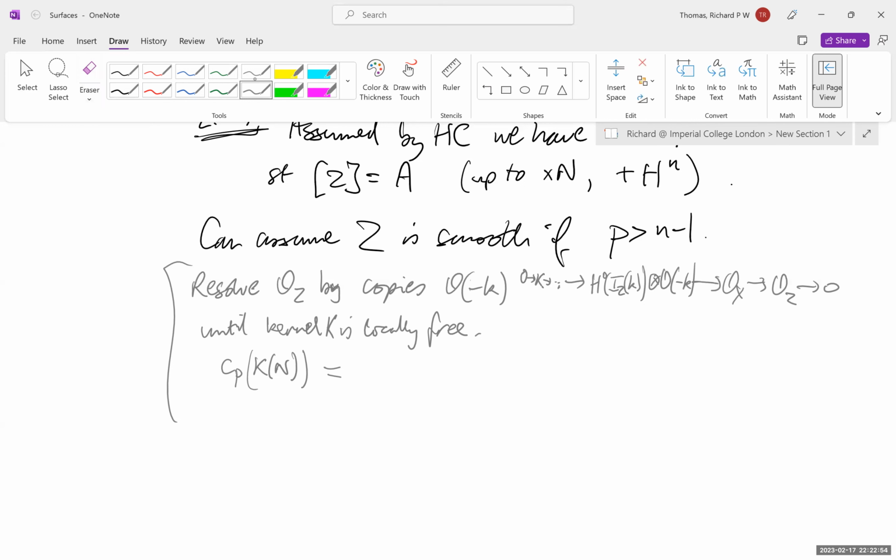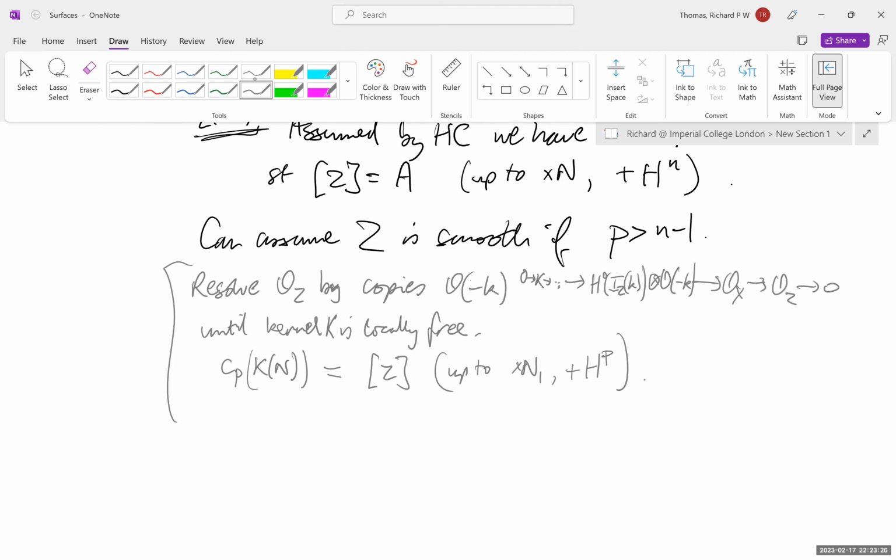All the other terms are just vector spaces tensored with things like O(-k), so they're all producing just powers of the hyperplane when I take Chern classes. The only things which don't do that are K and O_Z in this resolution. So the pth Chern class of K is, up to constants, just Z, up to multiplication by numbers and adding powers of the hyperplane.